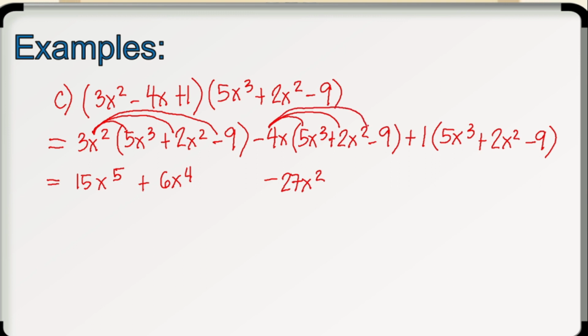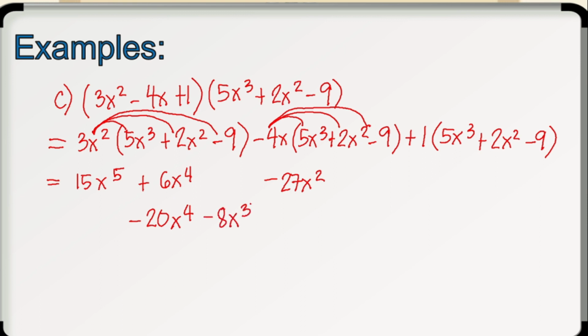Next, for us to easily align or group the like terms, we will also use the vertical method here, multiplying negative 4x to 5x cubed, which is negative 20x raised to 4, place it under 6x raised to 4. Next, negative 4x times 2x squared is negative 8x cubed.